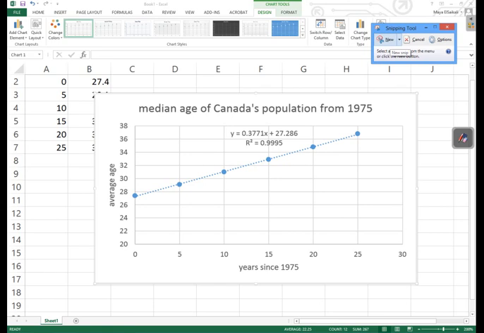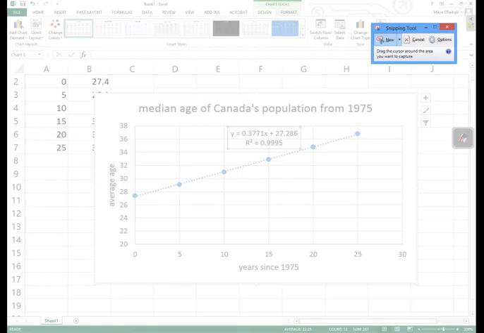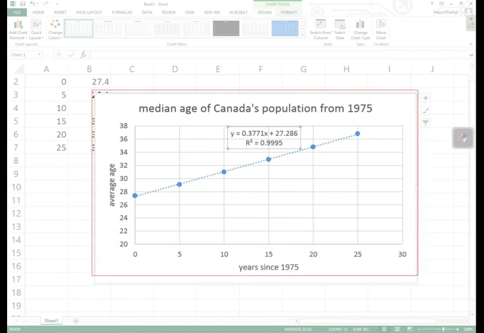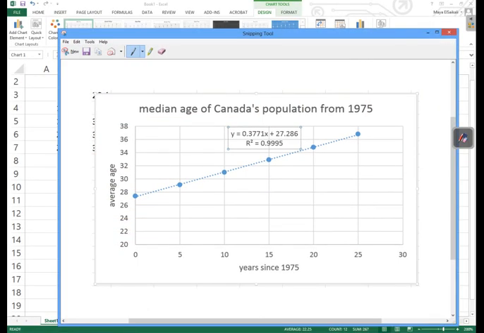The snipping tool allows you to take a picture of something that you want. So you're going to press new, and then it's going to give you a cursor where you can take a picture of your graph. It's like a screenshot. Yeah. And then you're going to right click, copy.